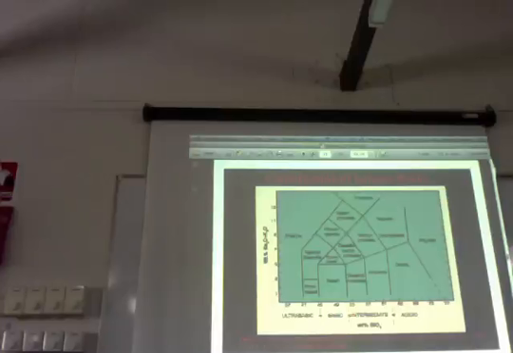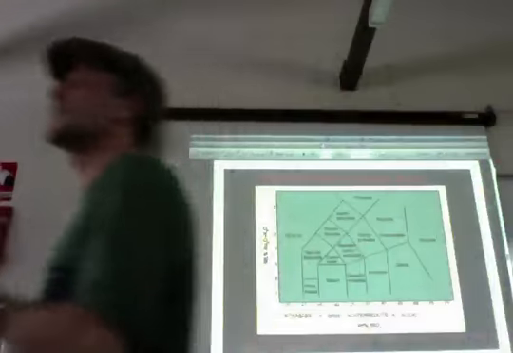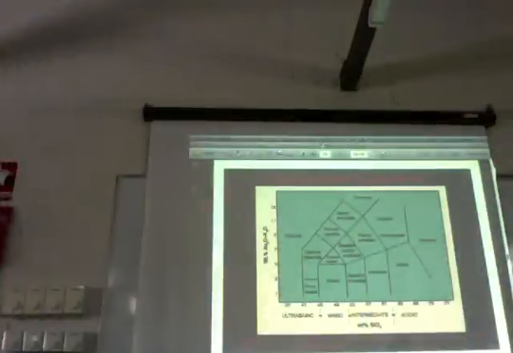Therefore the matrix of these andesites, which you saw in the field, is very fine-grained, but the plagioclase needles are very big compared to the fine-grained matrix. That is because the petrogenesis of these plagioclases has nothing to do with the petrogenesis of the andesitic melt. They were just picked up on the way.